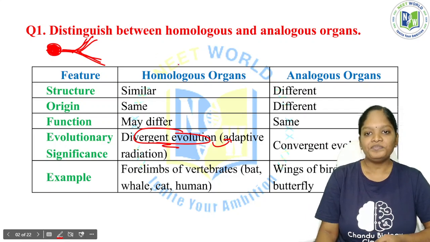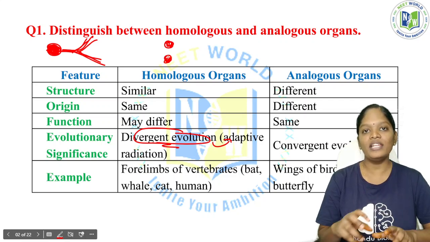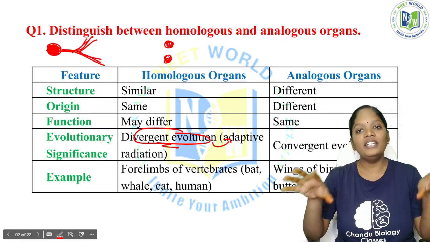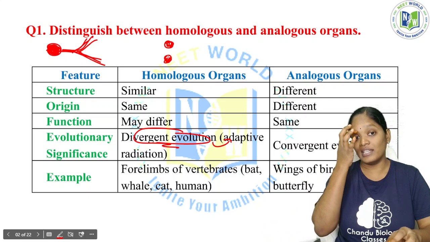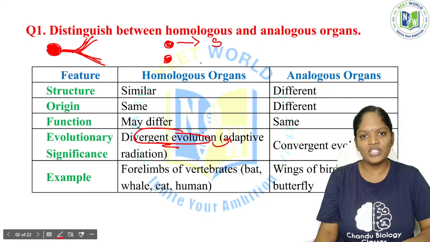See, and in analogous organs, there are 2 different ancestors, which have no relation at all, and they are not in a similar geographical location; they are in different geographical locations. But these ancestors have a structure, maybe a hand structure, any four-limb structure.